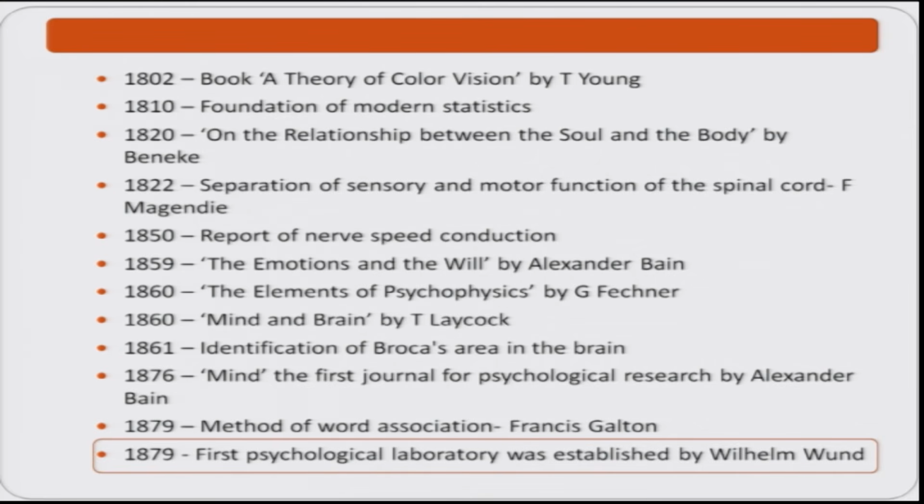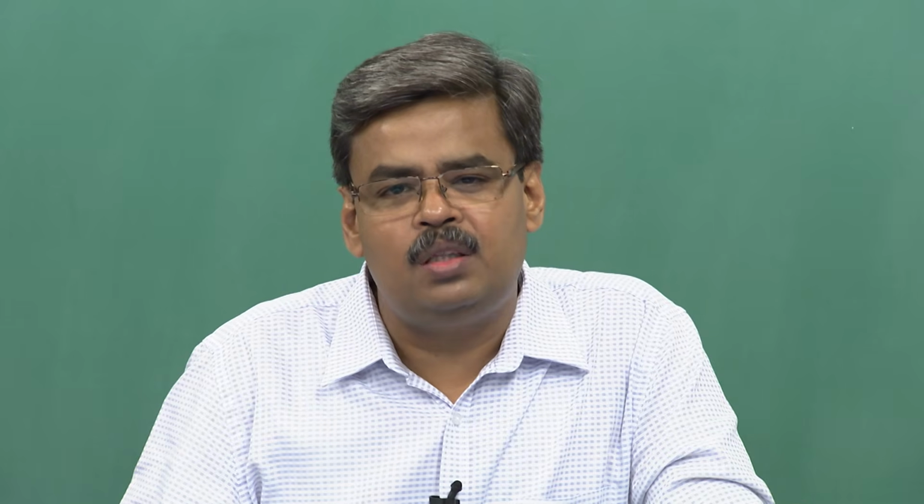Primarily, if you realize, it is more of psychophysics, a little bit of emotion, and the intention was primarily to quantify things, whether through statistical measures or through measurement of the speed of nerve conduction. So, you realize that the primary focus was on the assessment part, the measurement part.